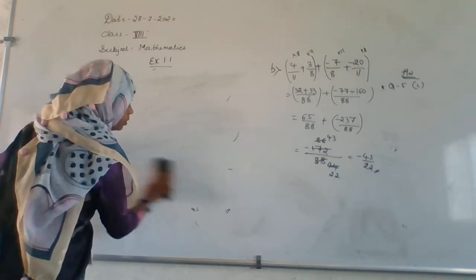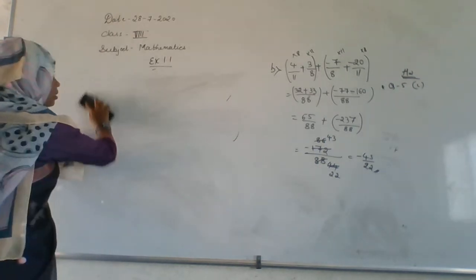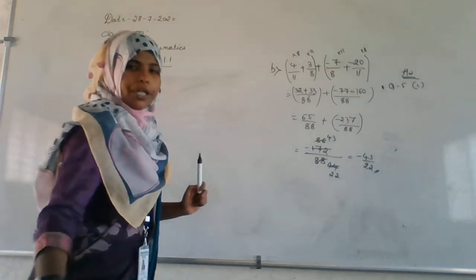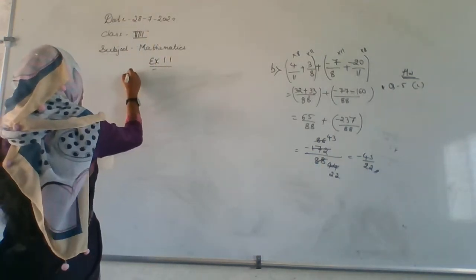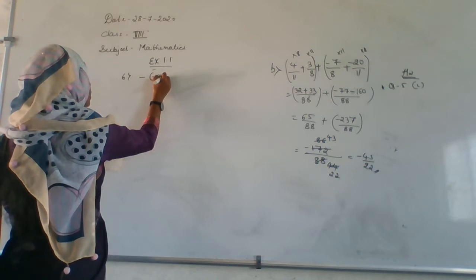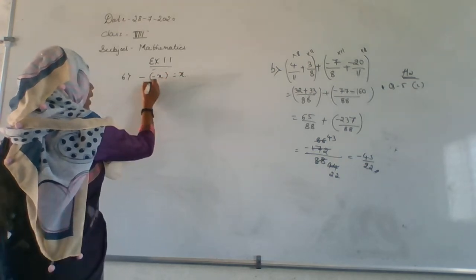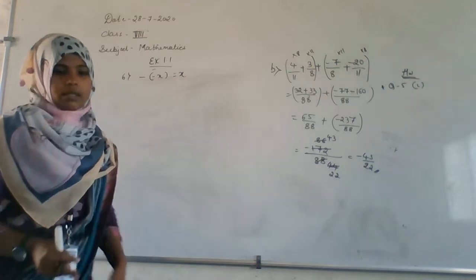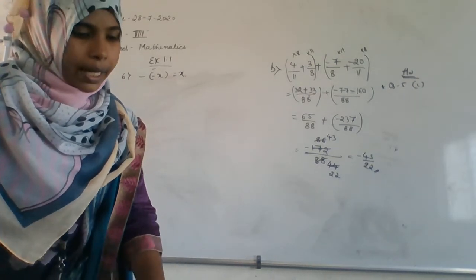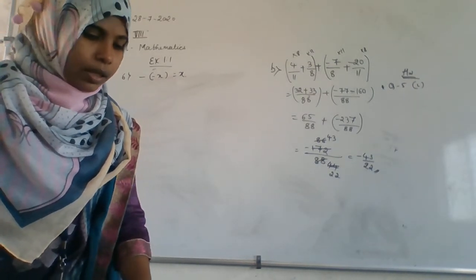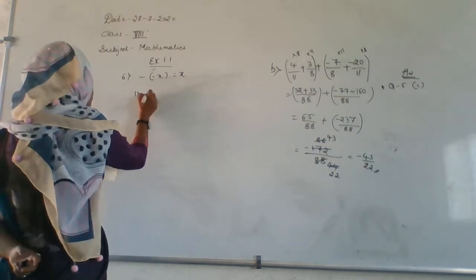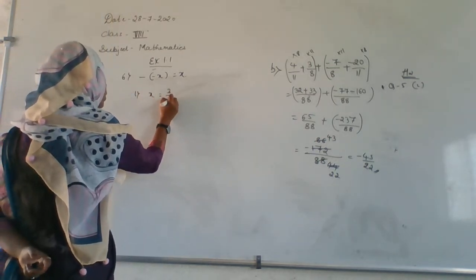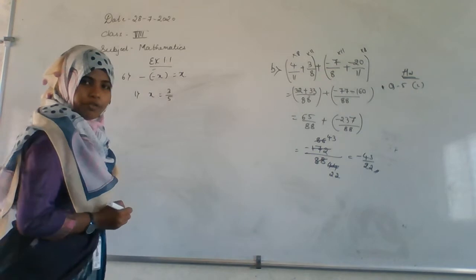The next question is the sixth. Verify the property: minus of minus x equals x. Means we have to prove that minus of minus x is always x. The first one is x equal to 3 by 5.